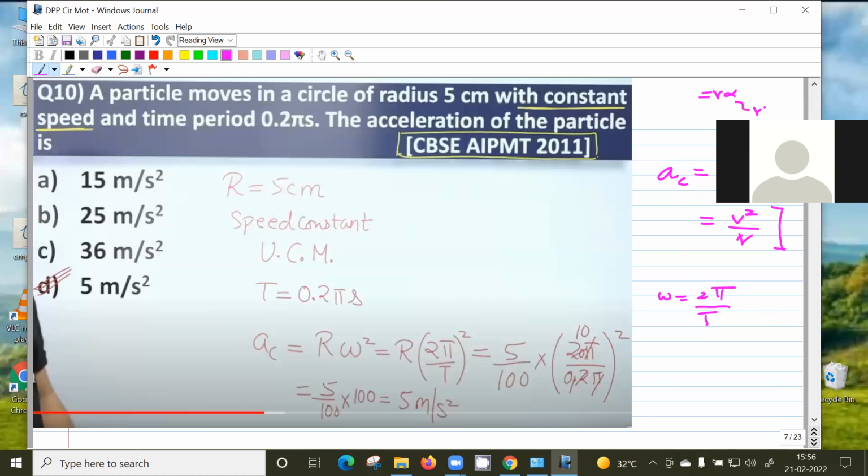Alpha is radian per second square, and r is meter, so this combination is meter per second square. So this is tangential acceleration, but here in this particular case it is 0, because it's uniform circular motion and alpha is 0, because omega is constant. This is not applicable for this question.